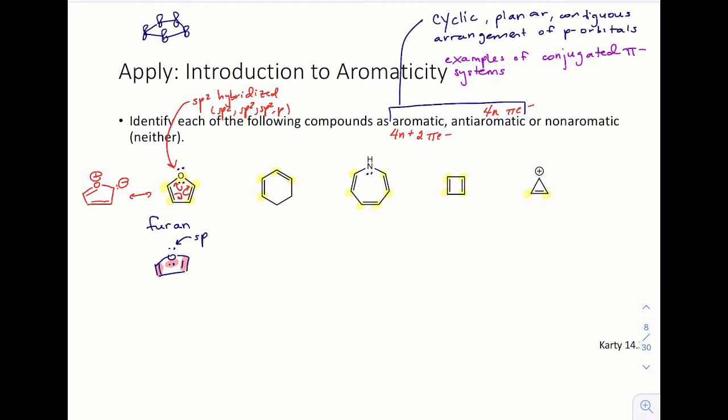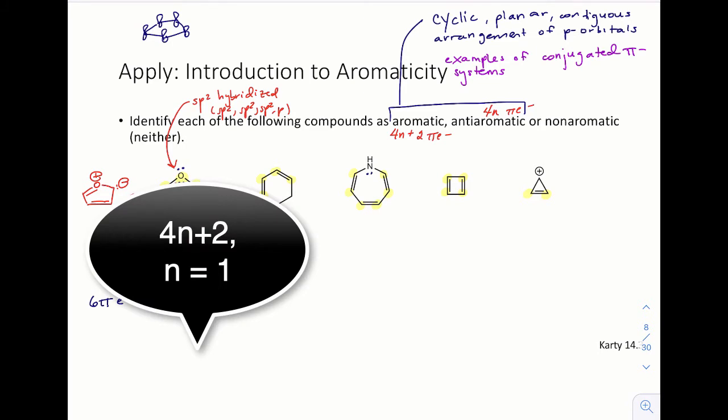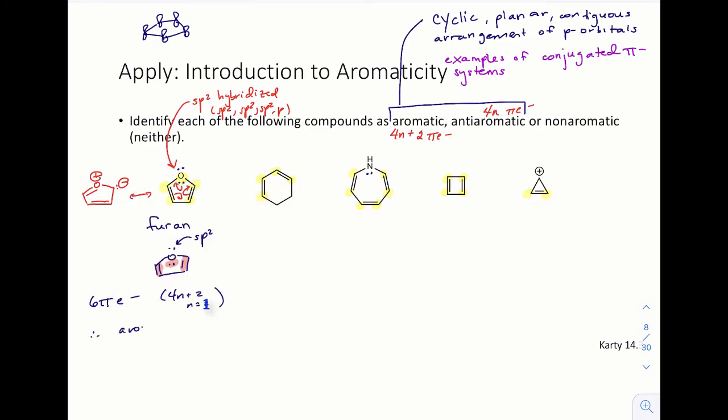The other pair of electrons occupies an sp2 orbital. Thus, furan has 6 pi electrons in that cyclic, planar, and contiguous arrangement of p orbitals. 6 pi electrons is 4n plus 2, where n equals 2. Thus, furan is aromatic, and we expect it to be stable.